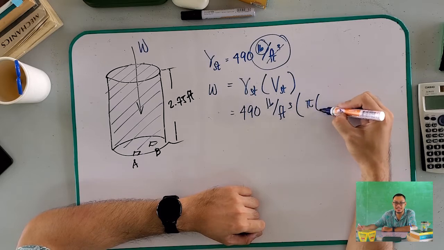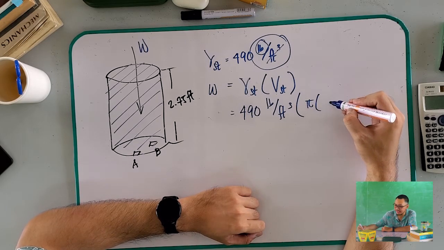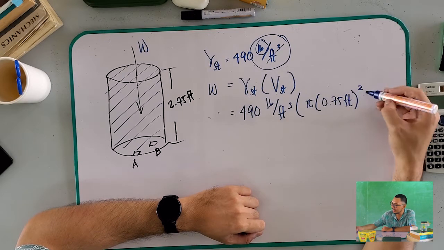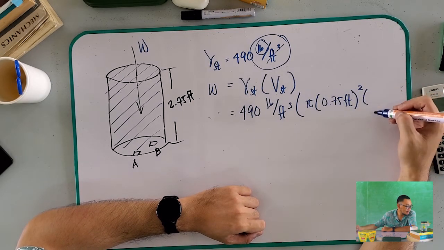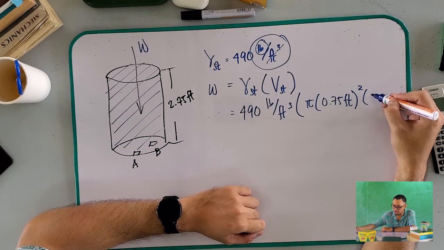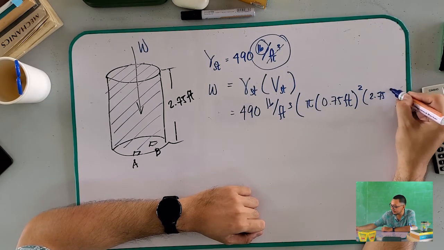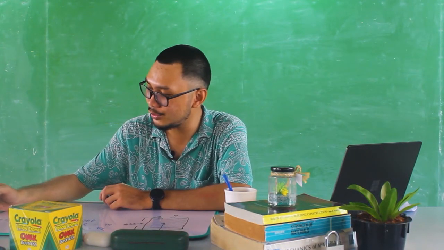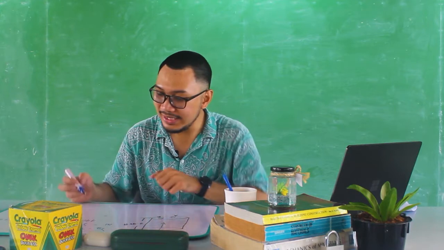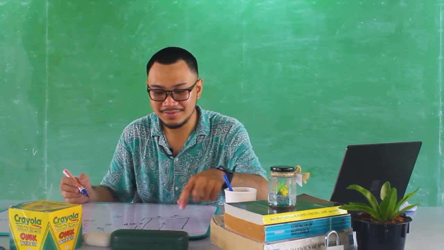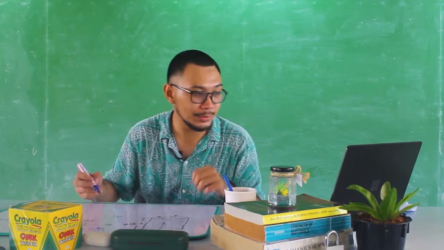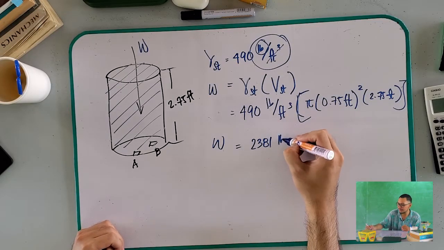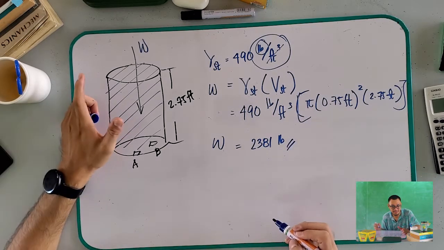Pi times radius of 0.75 feet squared times height of 2.75 feet. We will get that the weight of this whole cylinder is actually equal to 2,381 pounds. Ano ang weight sa cylinder?